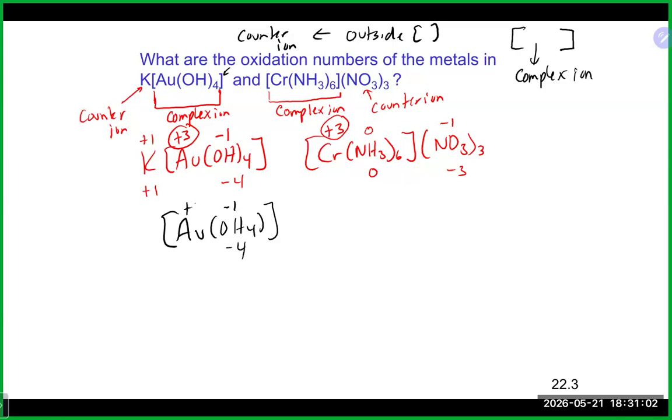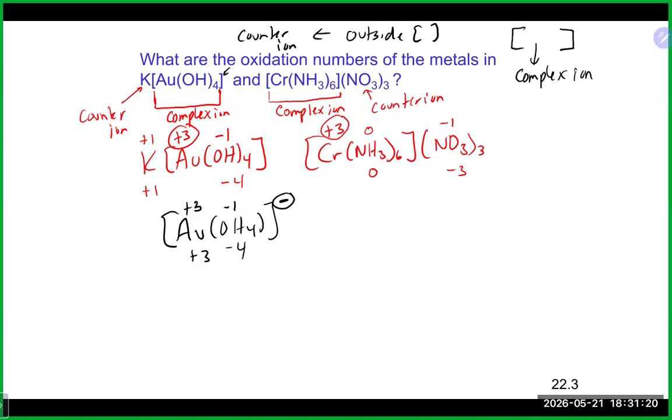The gold, as we figured out, is a +3. So +3 and -4 means that the complex ion part of this compound has an overall -1 charge.